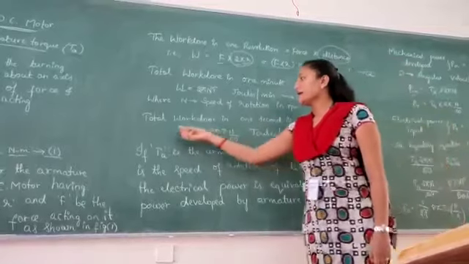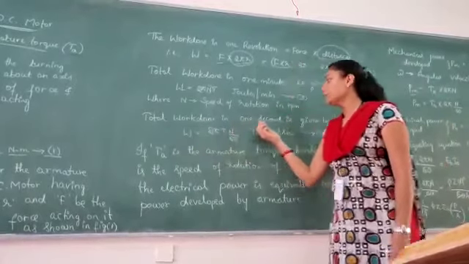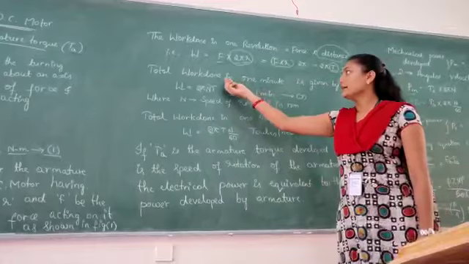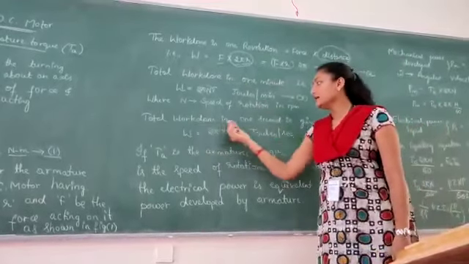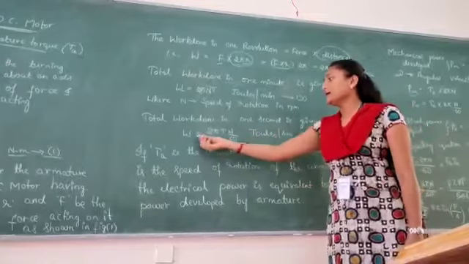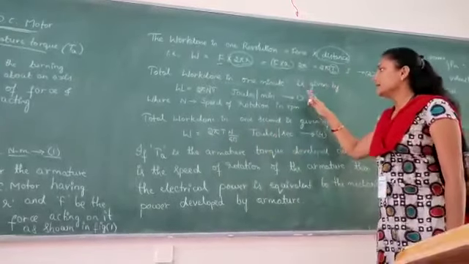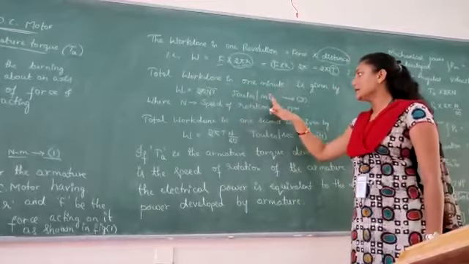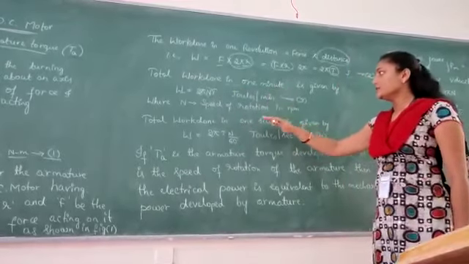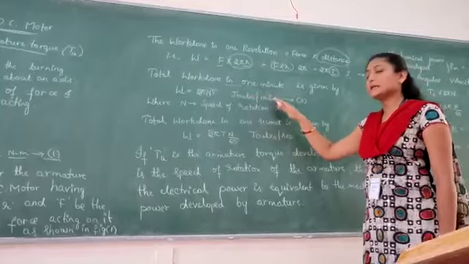And now we are calculating total work done in 1 second. We have calculated total work done in 1 minute, and now we are calculating work done in 1 second. Equation 3 is in joules per minute, and we are converting this to joules per second.